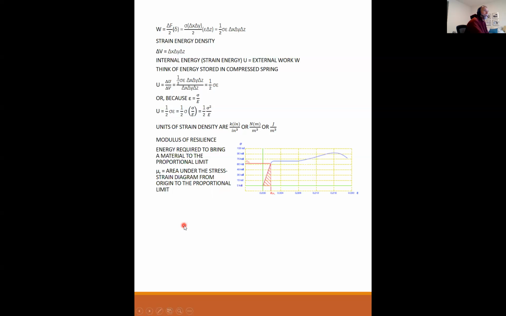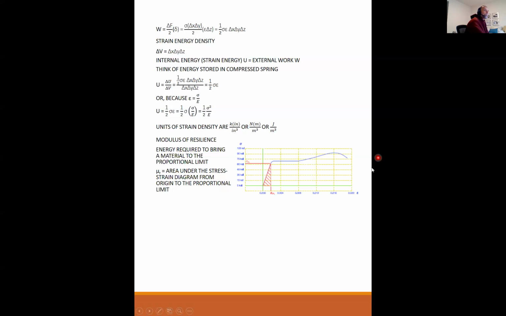The modulus of resilience is the energy required to bring a material to the proportional limit. It is abbreviated with a mu. So the little fancy U is a mu sub R, and it is equal to the area under the stress strain diagram from the origin to the proportional limit, like so.